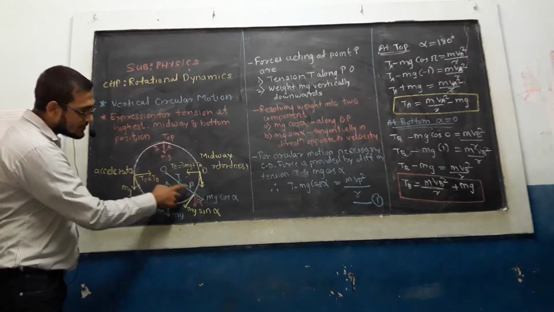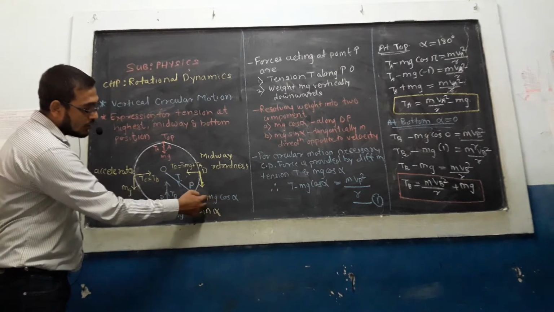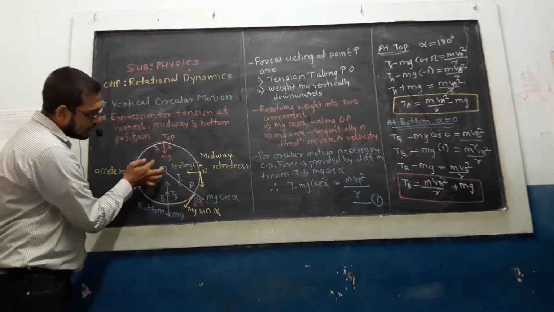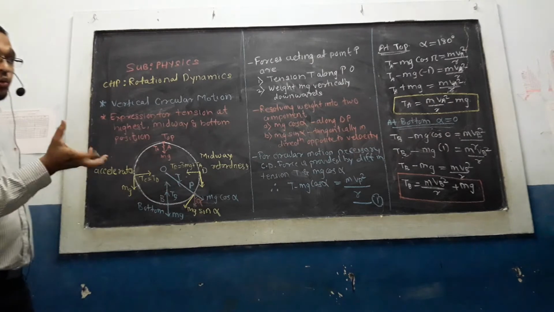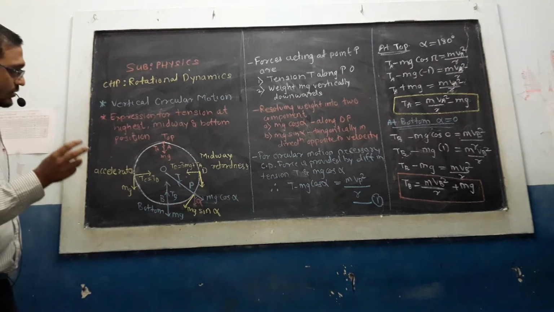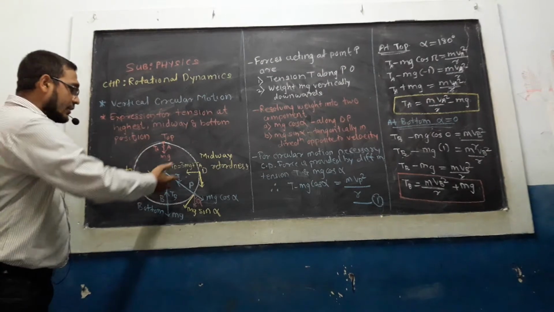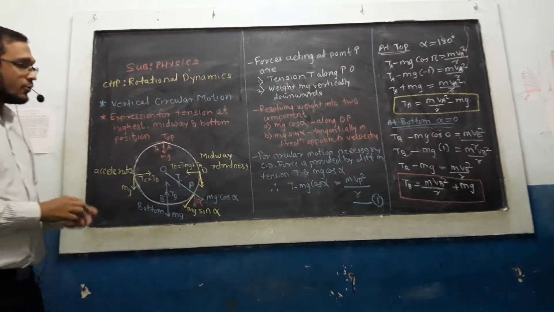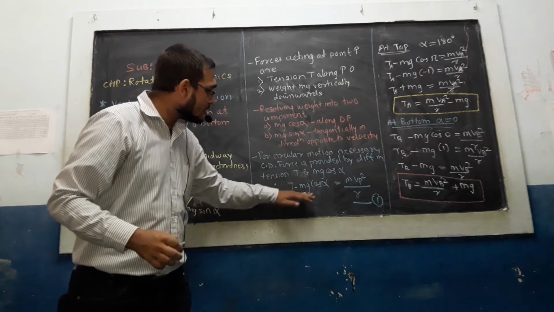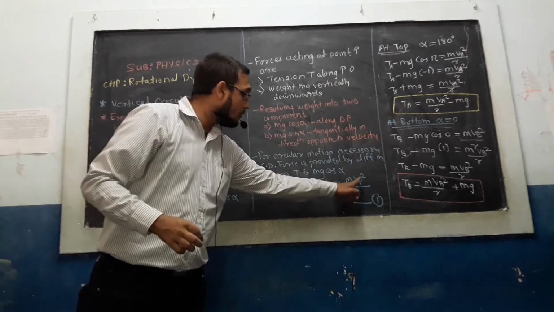This is the tension T and this is mg cos alpha. One is acting upward, one is acting downward, so the difference of both forces gives a resultant. That resultant provides the necessary centripetal force. So I have written here T minus mg cos alpha equals mvp square upon r.